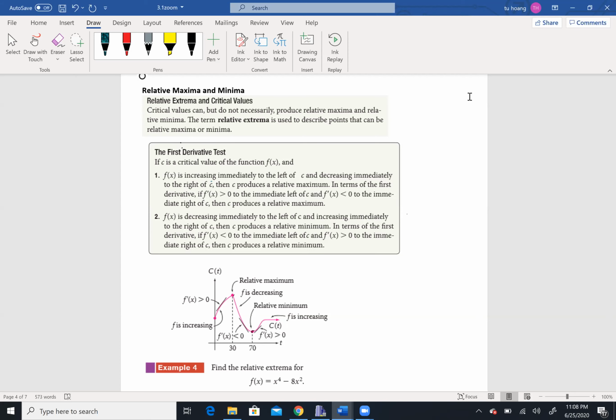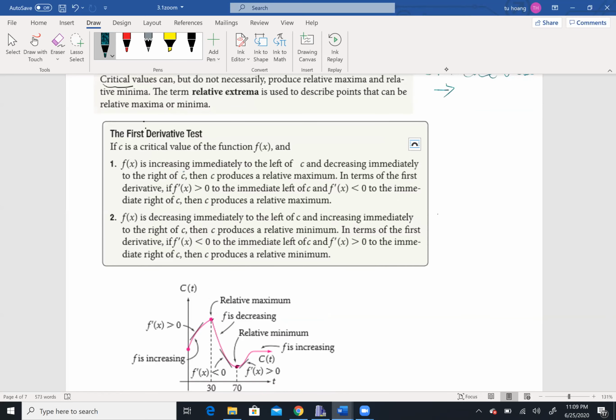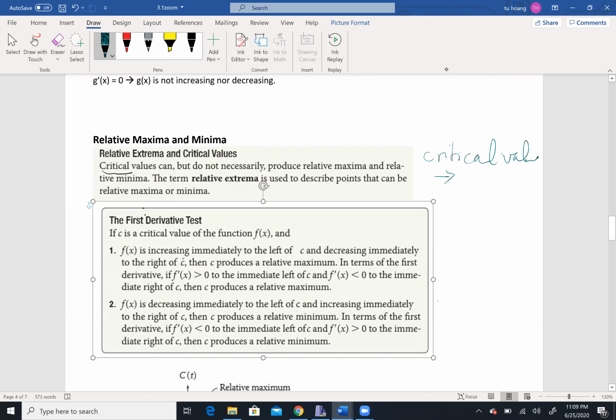Okay, so you know how to find the critical value, right? From the critical value, you can find the relative maxima and relative minima.